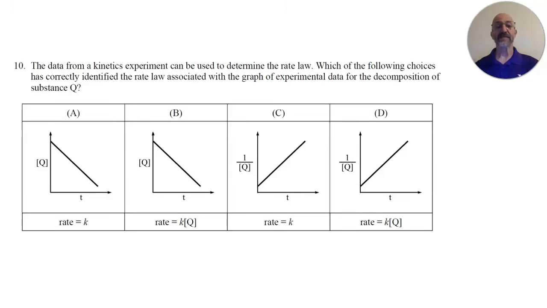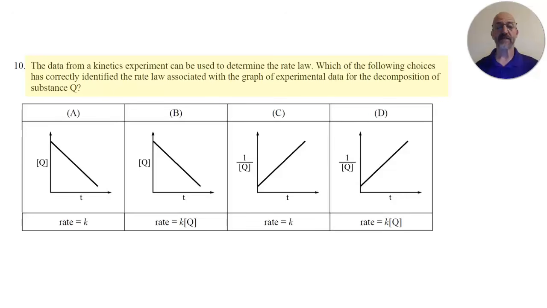In question 10, it says the data from a kinetics experiment can be used to determine the rate law. Which of the following choices has correctly identified the rate law associated with the graph of experimental data for the decomposition of substance Q? Now I can see that in choices A and B, it's a linear plot with concentration versus time.